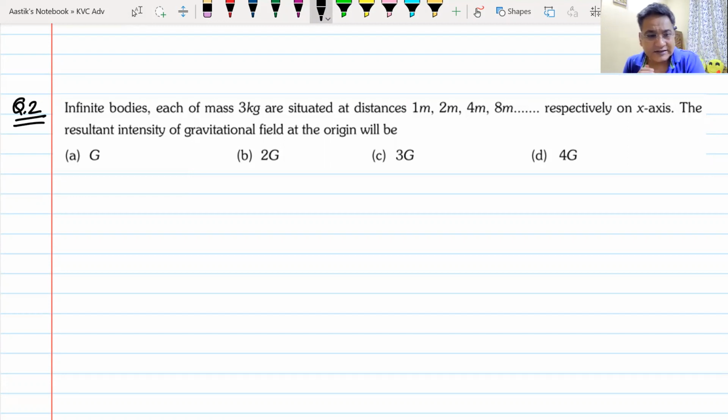The resultant intensity of gravitational field at the origin is how much? G, 2G, 3G, 4G. And this is not 5G spectrum. This G is the universal gravitational constant.